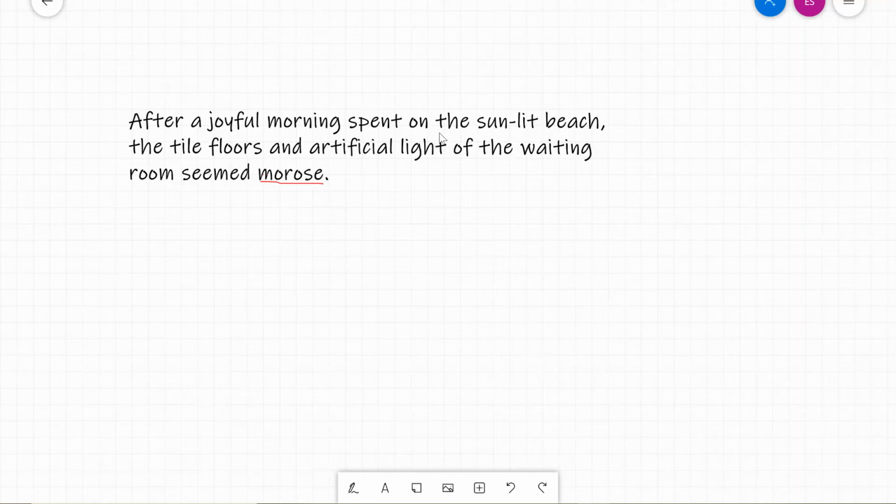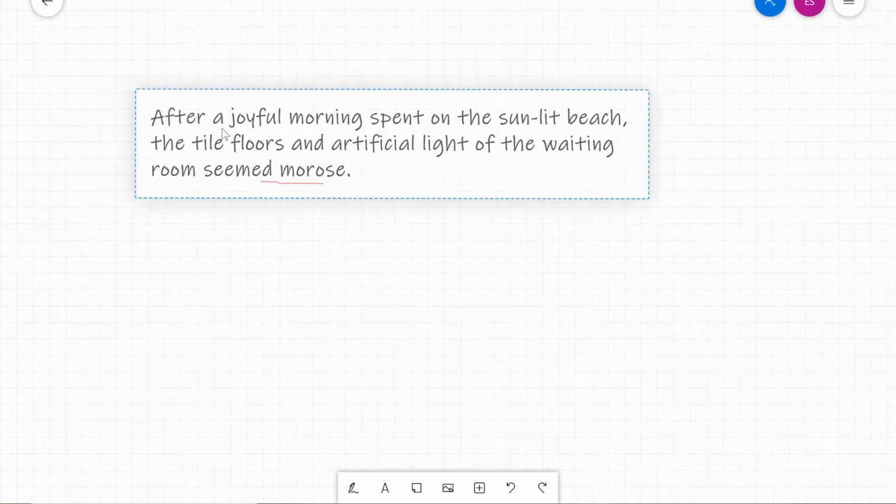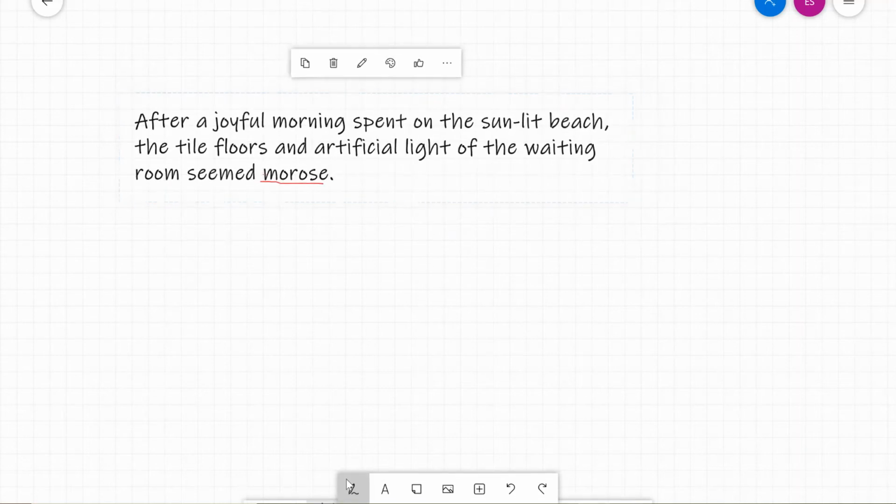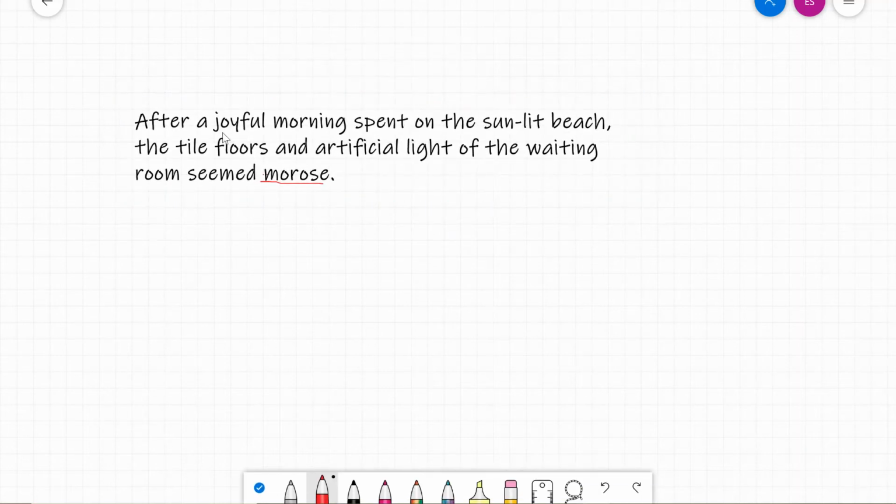It's that there was sunlight, beach, and then that they were stuck inside in this waiting room. And so, how did they feel when they were on the beach? Well, it was joyful. So, that word joyful is an indication of how they were feeling before, and now they're feeling morose. So, I'm noticing that joyful and morose are set up in the sentence as opposites. And so now I can figure out that, oh, morose means the opposite of joyful.